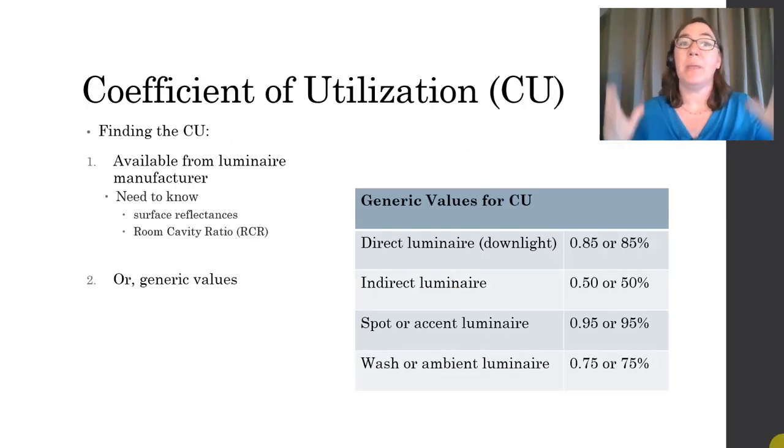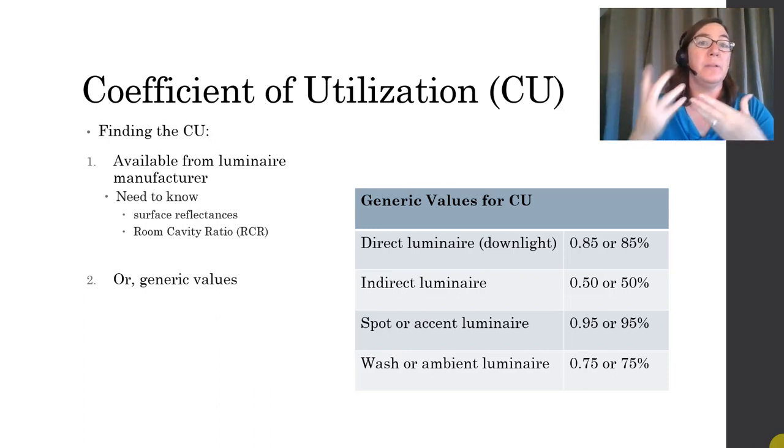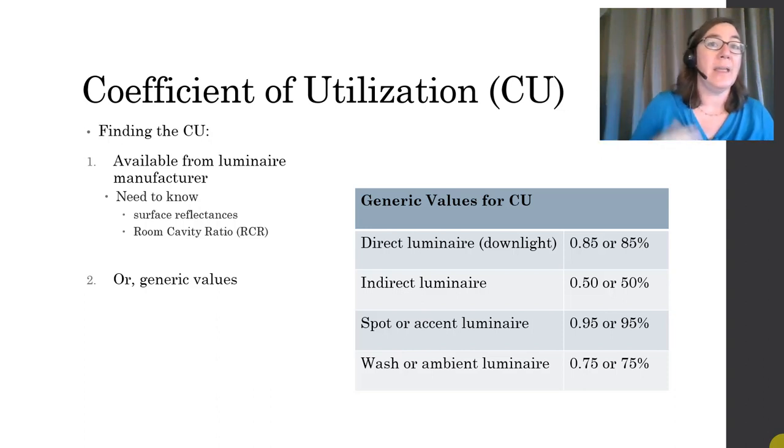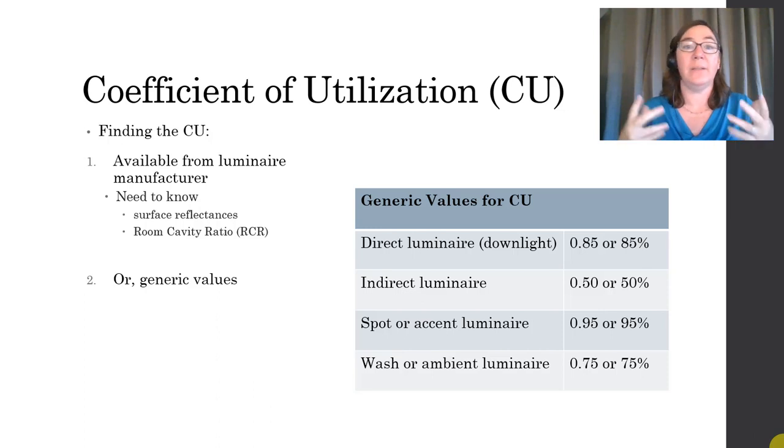So to recap, in order to find the coefficient of utilization, you need some information from the luminaire manufacturer and the surface reflectances and the room cavity ratio. All right. Or you can use some generic values. If your luminaire is a direct distribution luminaire or a downlight, 85%.